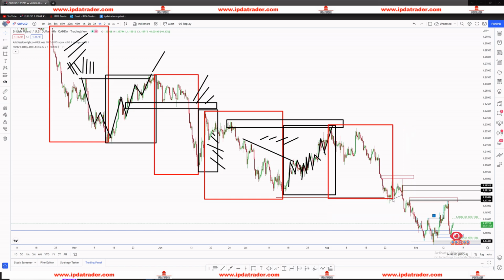This is not a significant pullback. So I would adjust this and say that we're potentially in a retracement phase in GBP/USD. However, we've now tapped supply over here. You can see that. So we might be in for another expansion lower and creating new lower lows.